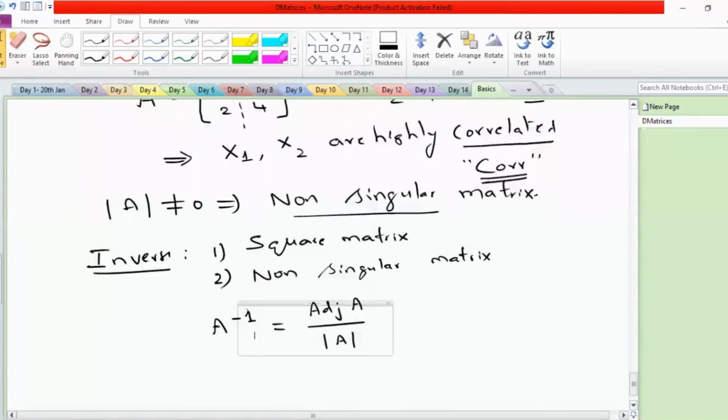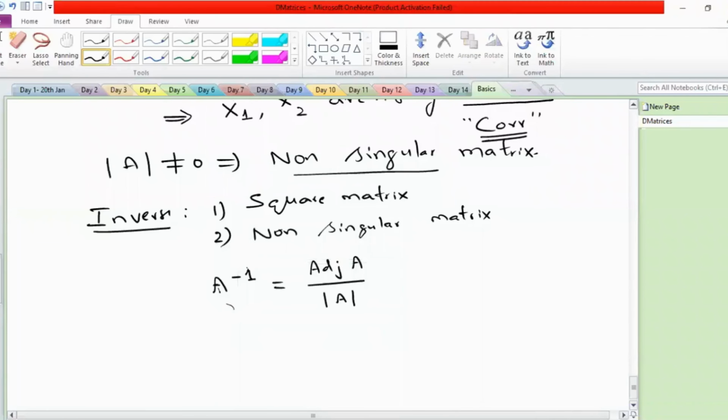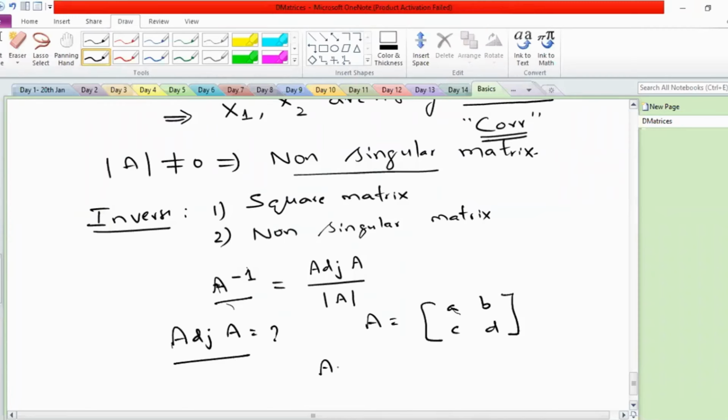Now I know A inverse. How do I calculate adjoint A is the question. Suppose you have elements like this: A is nothing but a, b, c, d. Adjoint A is very simple. First interchange the diagonal elements.